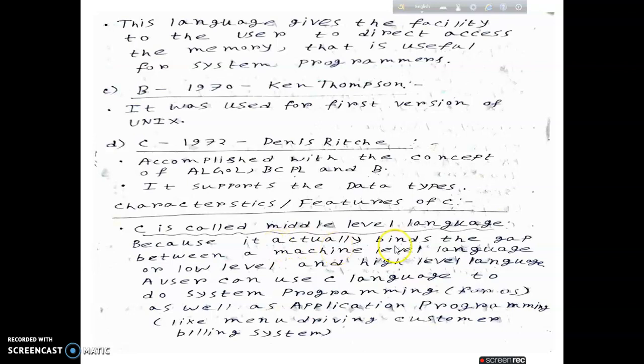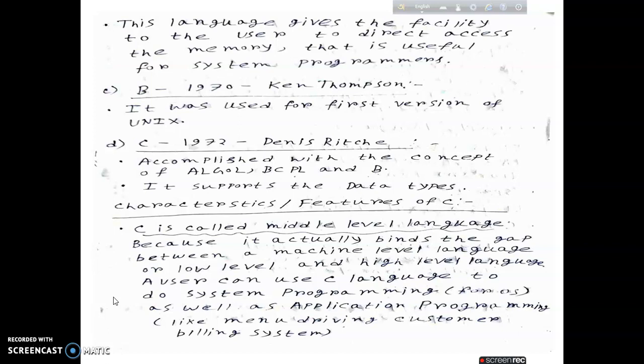It has some facilities and characteristics which are used as in a low level language, as well as in a high level language. A user can use the C language to do system programming, as I am telling you that most operating system programs and system programs are done using C language.